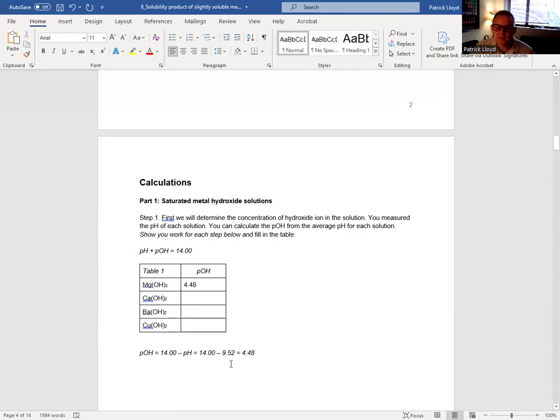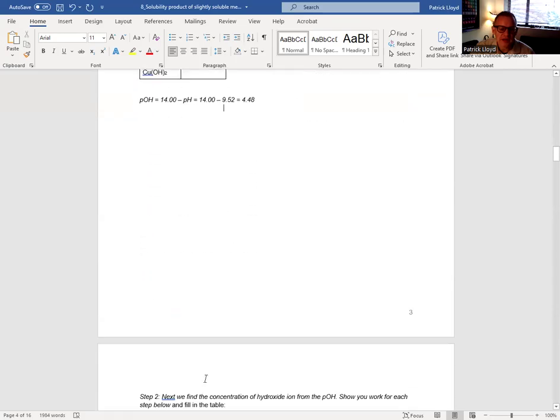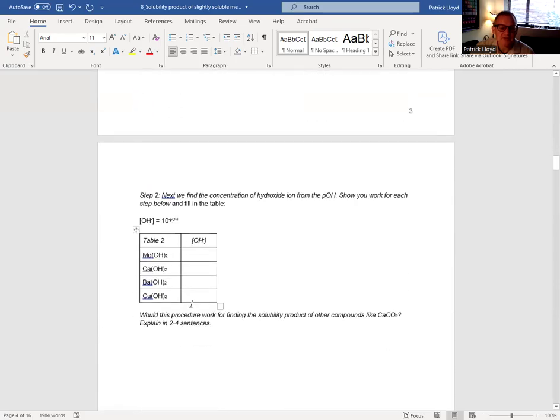Okay, so the pOH is a measure of the hydroxide concentration. It's a logarithmic measure, 4.48. Now we come to the next one, and we want to convert that to the hydroxide concentration. So to find hydroxide, you take 10 to the negative pOH.